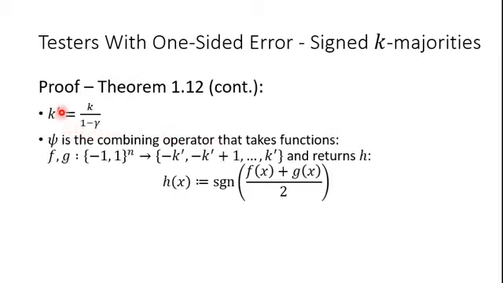So we set k prime to be equal to k divided by 1 minus gamma, and then psi will be the combining operator that takes functions f and g from minus 1, 1 to the range between minus k prime plus 1, and so on until k prime. Okay, it contains only these elements, the range, and it will return h, which is defined to be the sign of f of x plus g of x divided by 2.